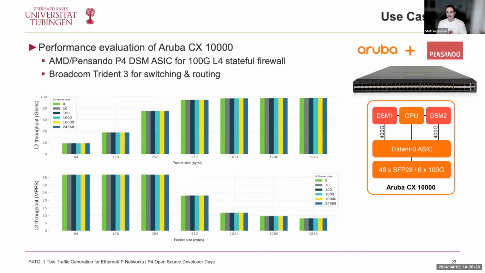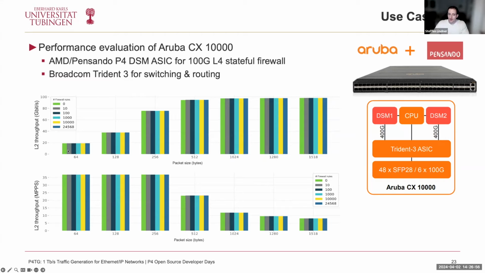And we wanted to test, do we really get 100 gig layer 4 stateful firewalling, or in our case, stateless firewalling? To that end, we also wanted to see whether the number of firewall rules has an impact on the performance. And we measured both the throughput in gigabit per second as well as the MPPS. What we can see here is that we don't always get 100 gig layer 4 stateful firewalling.